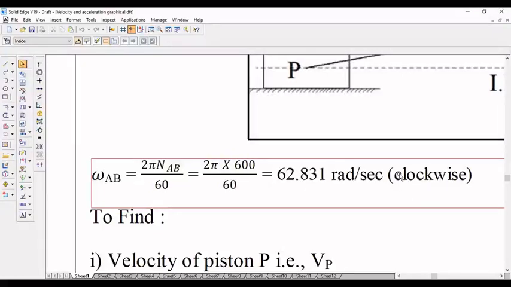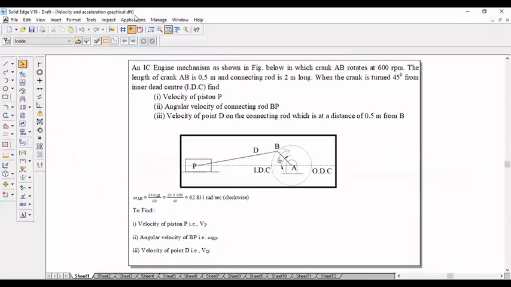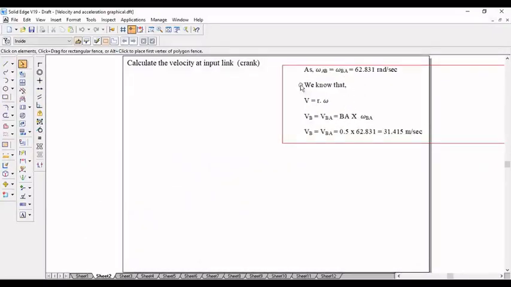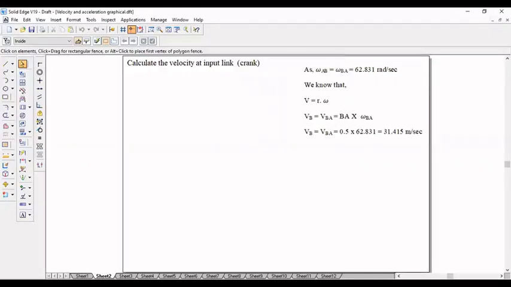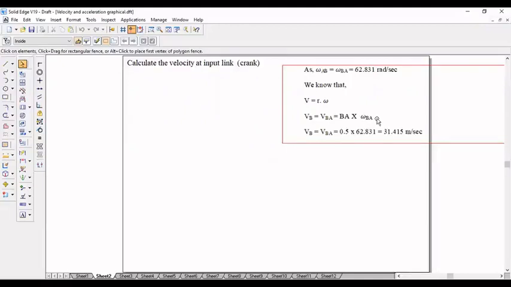But I need the linear velocity for the velocity construction. So by using velocity is equal to R into omega, where R is the length of the crank, I find VBA or VAB, which is BA into omega BA.